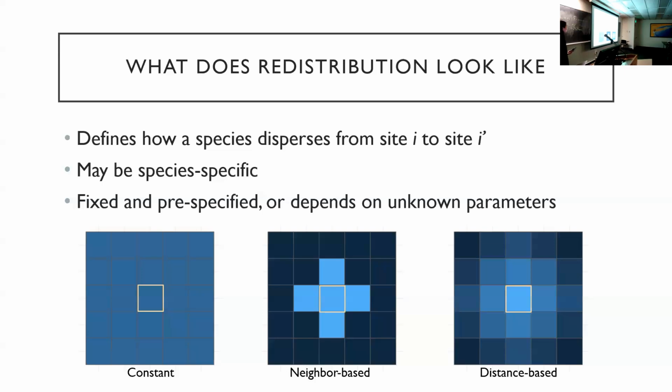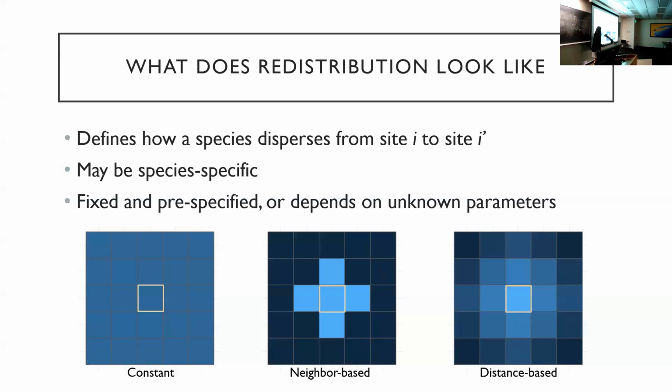How these species move, how they disperse from one areal unit I to another areal unit I prime is well studied depending on each species, right? People spend years collecting data, trying to understand how these animals move around the map. There are many ways you can think about it. You might believe there's a constant rate of dispersal.